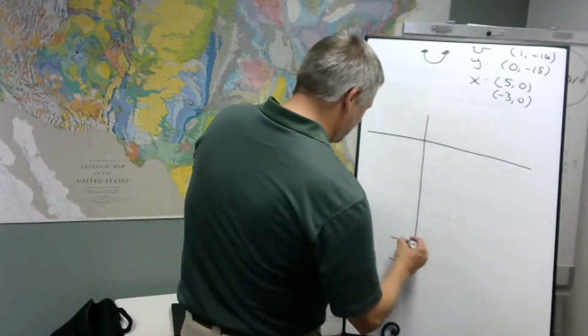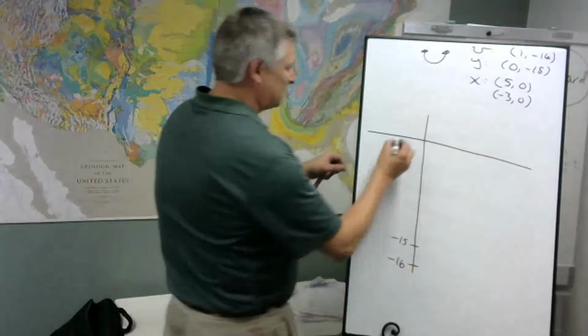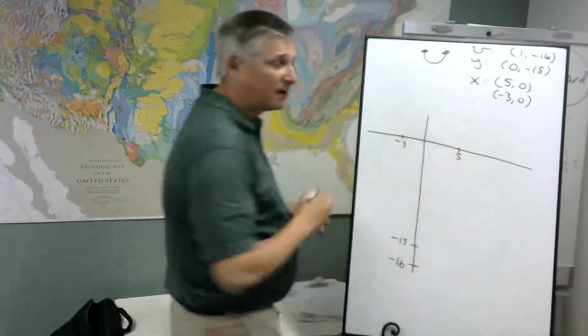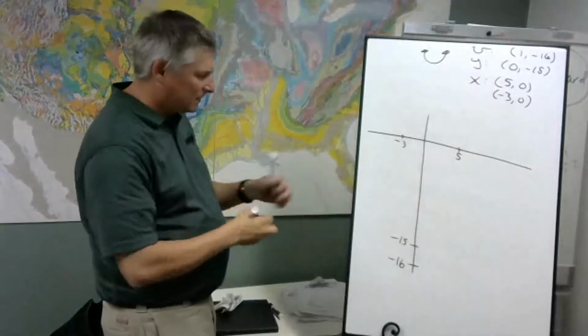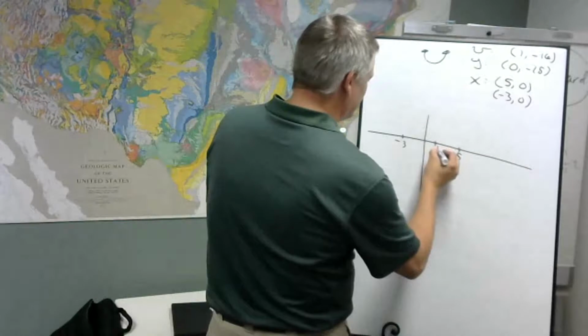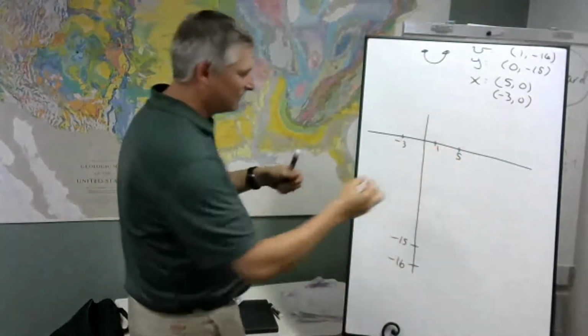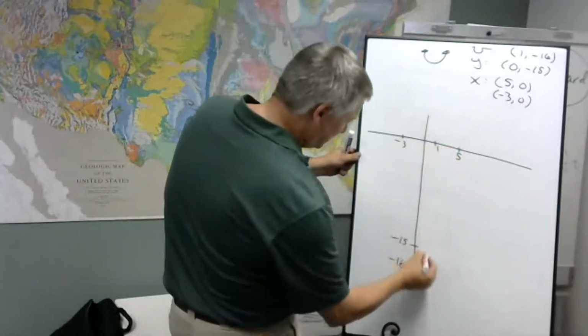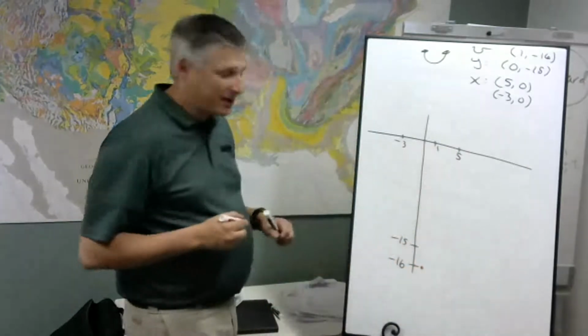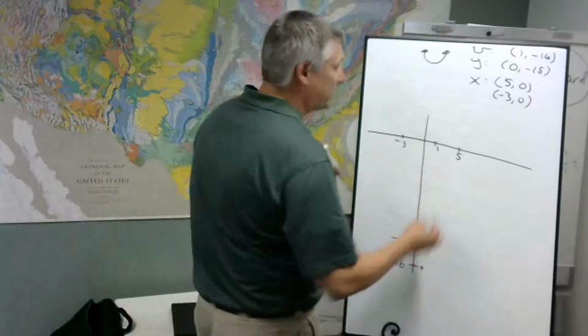Here's negative 15. Negative 3, positive 5. So we have a vertex. Oh, it's a 1 here, we need a 1. So at 1 and negative 16, we have a vertex. 1 and negative 16.